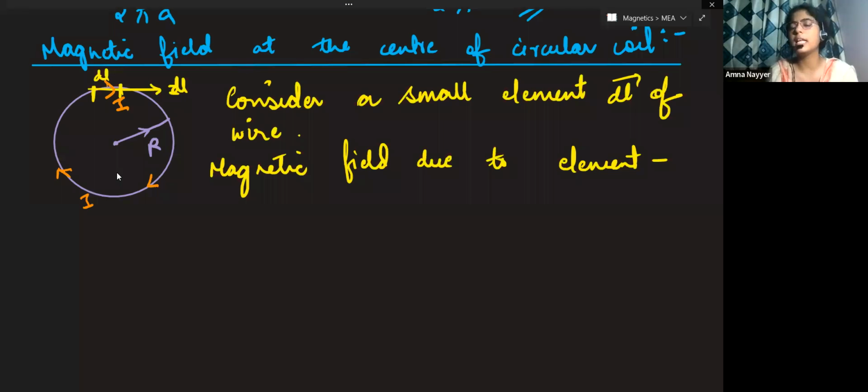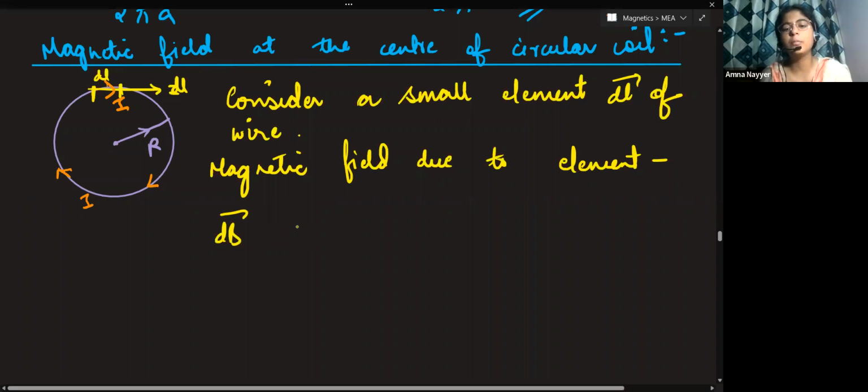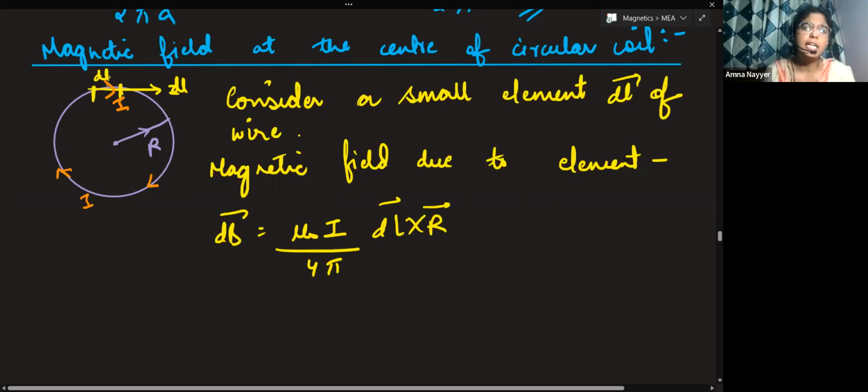Magnetic field due to this element using Biot-Savart's law. dB will be equal to what? dB will be equal to mu naught I by 4 pi, dl cross r divided by r cube in vector form. You can take dl cross r, because dl is making an angle of 90 degrees with the radius, so sine 90 will give you 1 only.